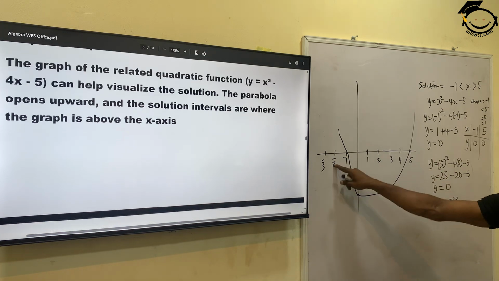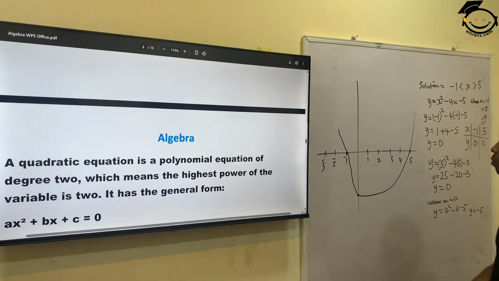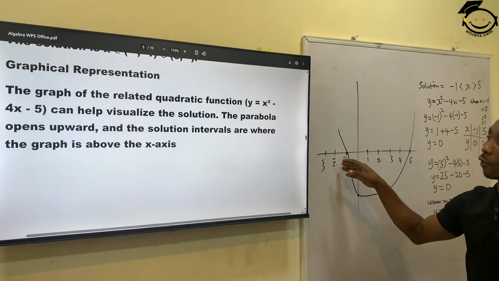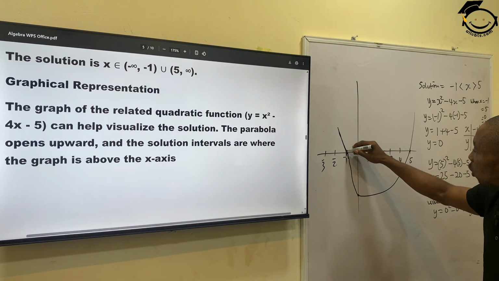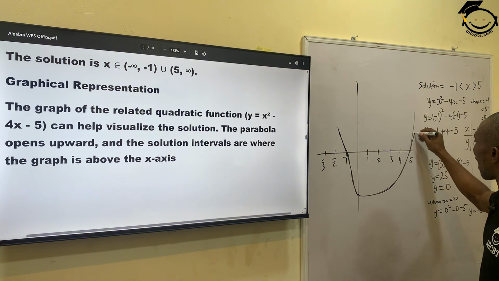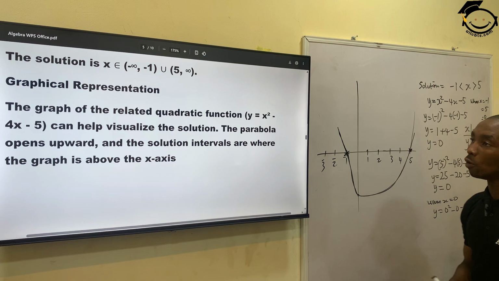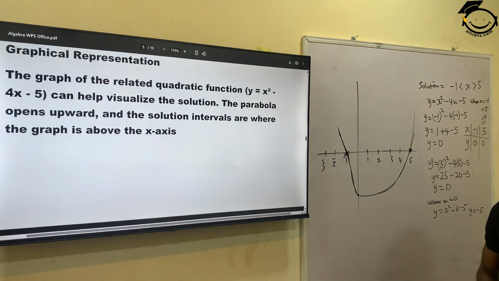Just like we've said, you can use your graph to find the roots of your equation, where your curve cuts the x-axis. So at this point and at this point will give you the roots of your equation from your graph work.